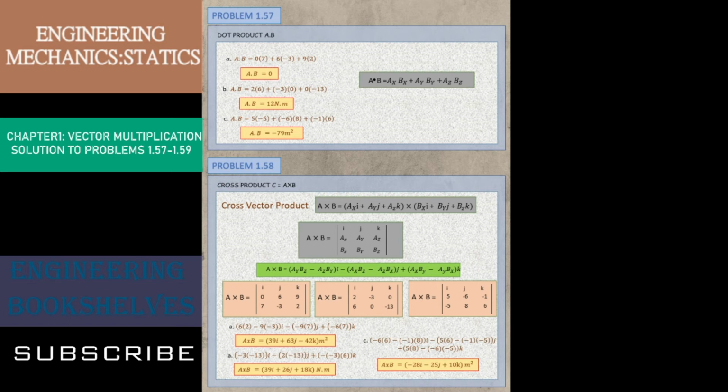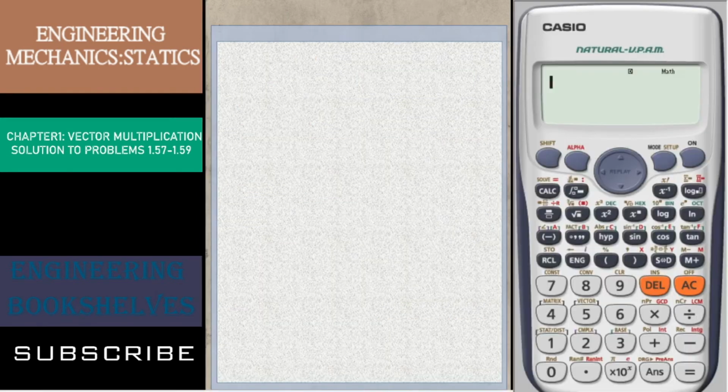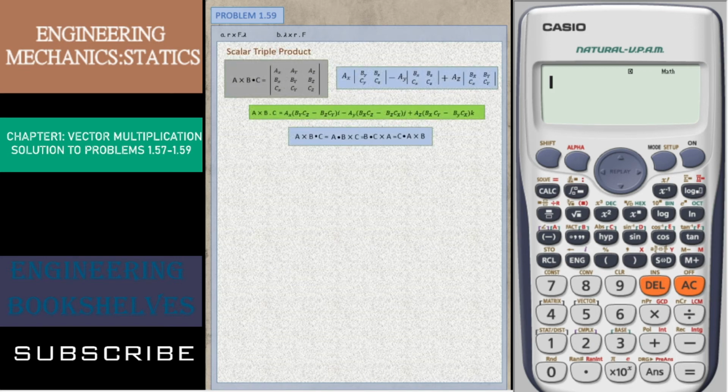So that's it for our problems 1.57 and 1.58. For problem 1.59, for us to solve this problem, we must be familiar with the scalar triple product.